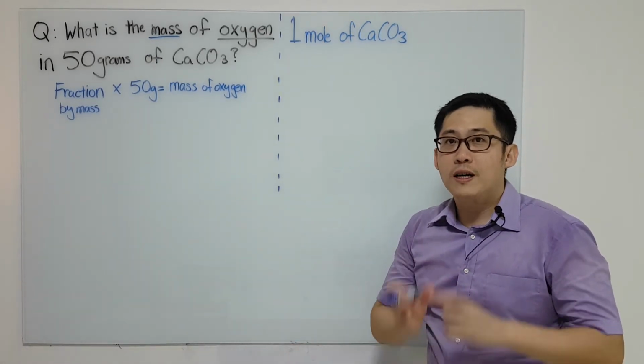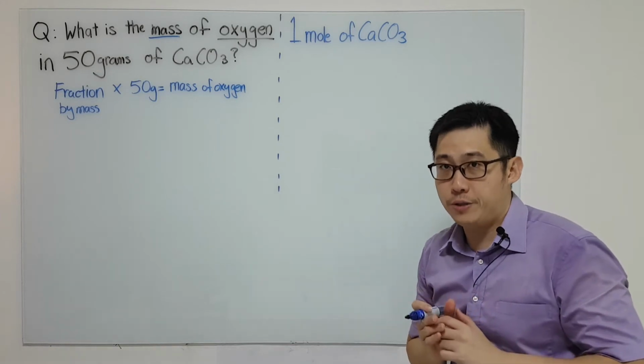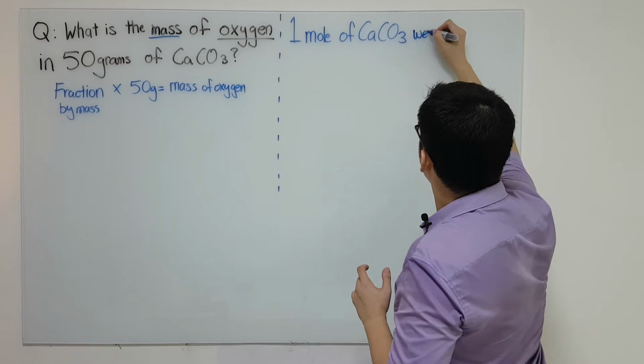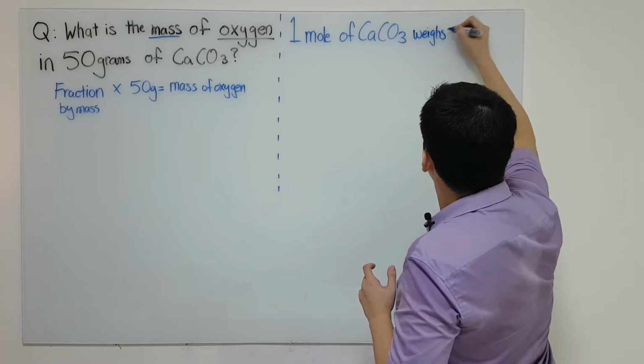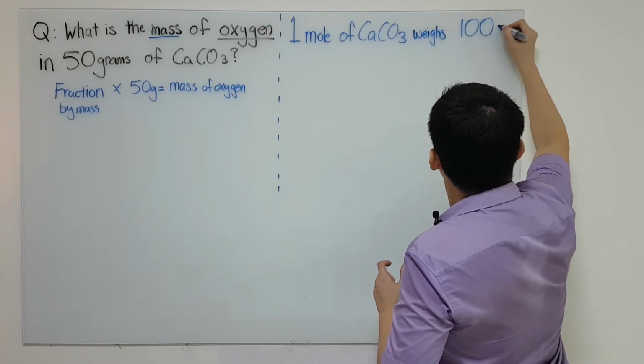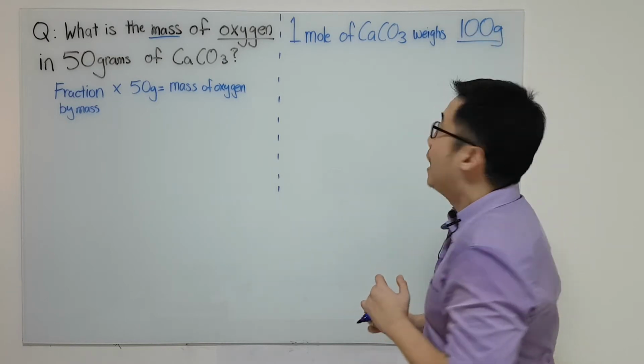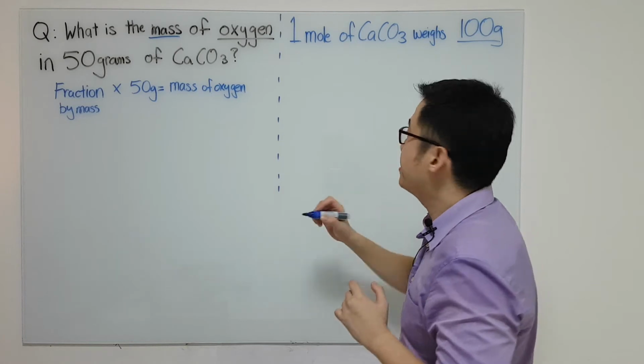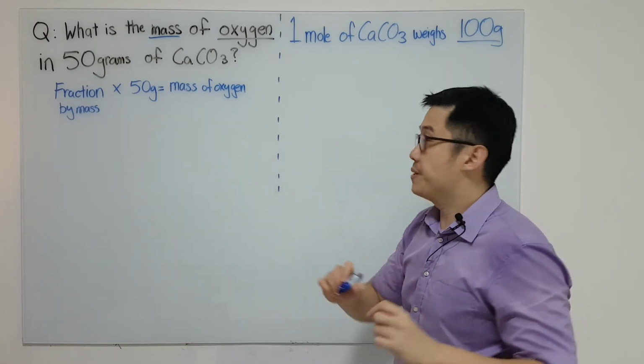Now, we know that 1 mole of calcium carbonate weighs 100 grams. How do I know this? Because, students, let's recall molar mass.